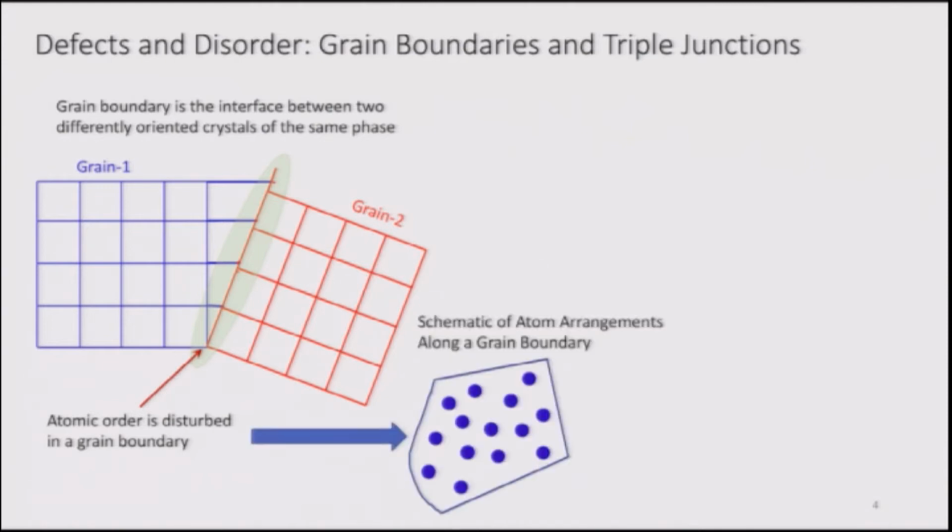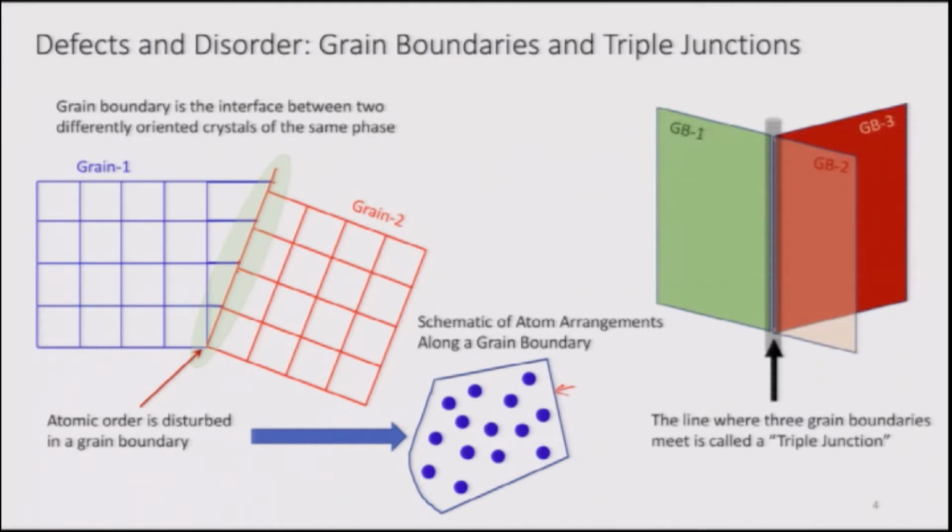If we look at the plane of the grain boundary, it will look something like this schematically. We can see there are atoms randomly arranged. So, there is no order, there is an atomic disorder, because of which the diffusivity is faster along the grain boundaries. Similarly, where 3 grain boundaries meet, I have shown schematically here grain boundary 1, GB1, GB2 and GB3.